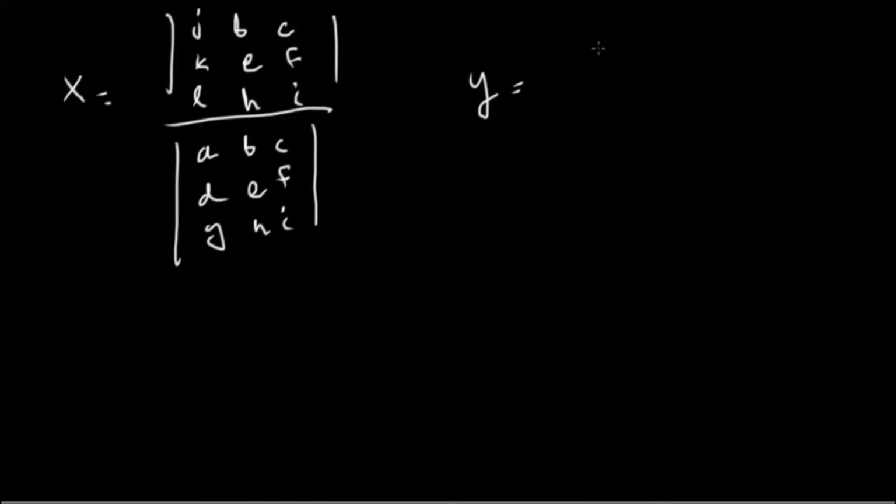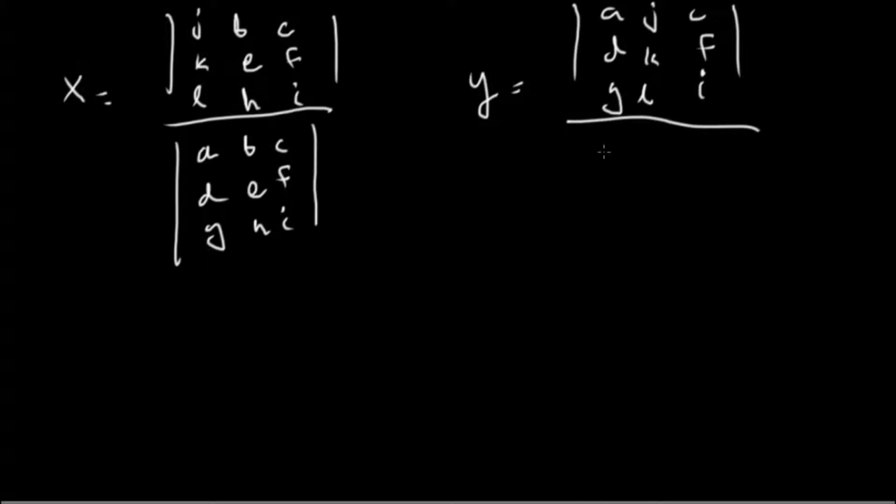For y, we are going to replace the y column with J, K, L, and then the rest will be A, C, D, F, G, I, and then the denominator is going to be, once again, the determinant of the coefficient matrix, A, B, C, D, E, F, G, H, I. And then z.